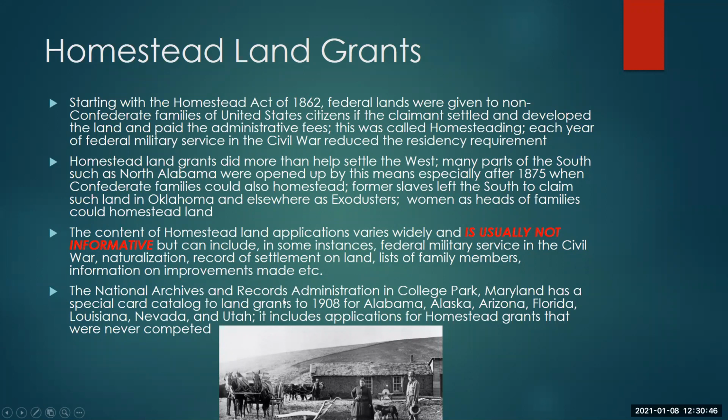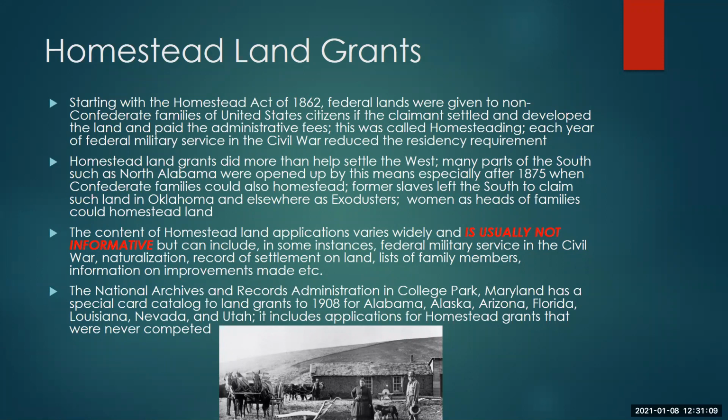The National Archives and Records Administration, College Park, Maryland, also has a special card catalog to land grants to 1908 for Alabama, Alaska, Arizona, Florida, Louisiana, Nevada, and Utah. And this includes applications for homestead grants that were never completed.